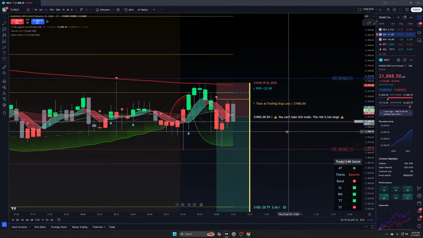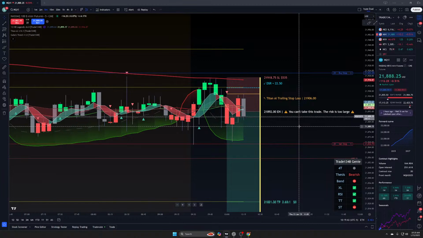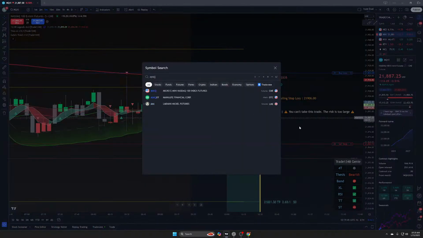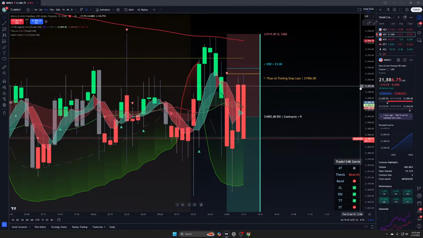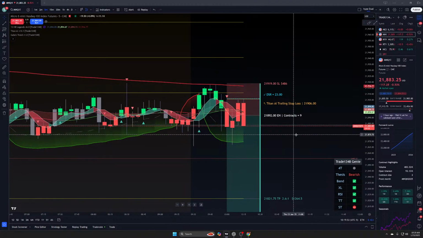Am I missing something here? That's NQ. This is MNQ. I don't know if I'm missing something other than the candles being different.